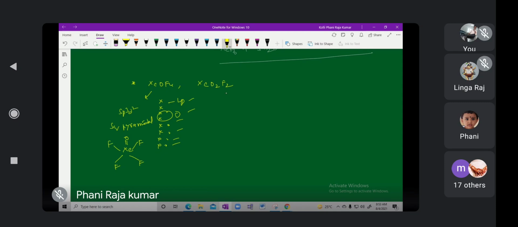XeO2F2: two fluorines, two oxygens. 1, 2, 3, 4, 5. So sp3d hybridization, one lone pair, seesaw structure.